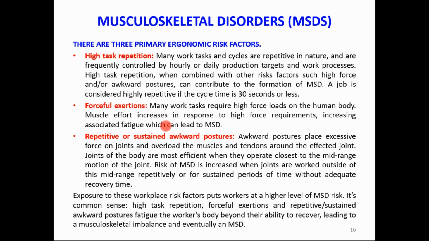Say for example, in the tire industry, to move these tractor tires or truck tires, we have to force these tires, we have to lift some materials with more force than expected, which may load on our human body. So these are called forceful exertions.